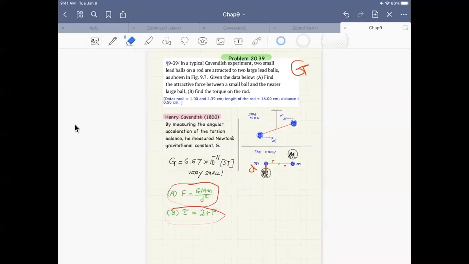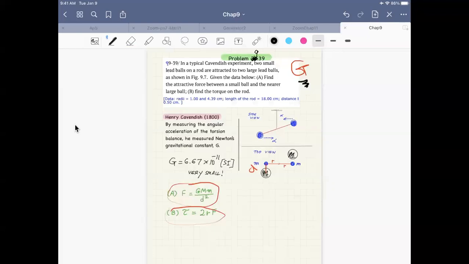Here's a problem which has to do with the measurement of g, that universal constant. I don't think it's problem 2039. That's got to be wrong. It's got to be problem 939 probably.